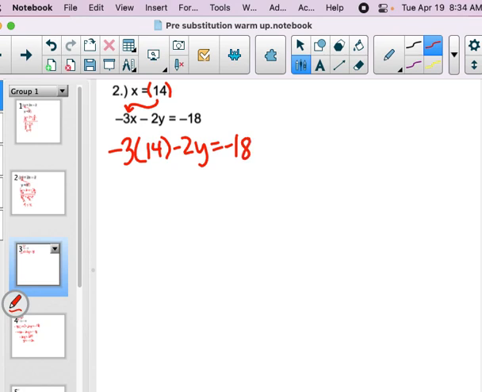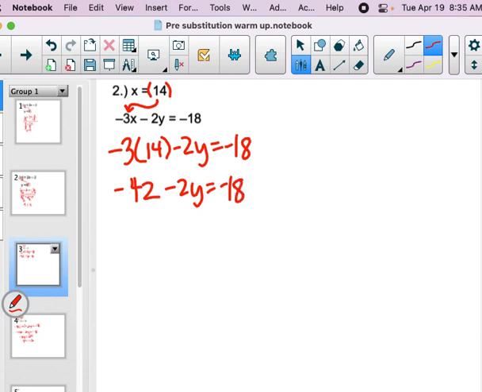Negative 3 times 14 would be negative 42. Yes, negative 42 minus 2y equals negative 18.